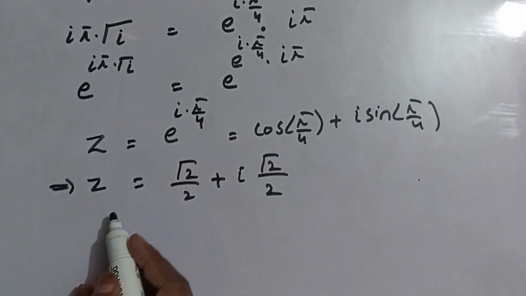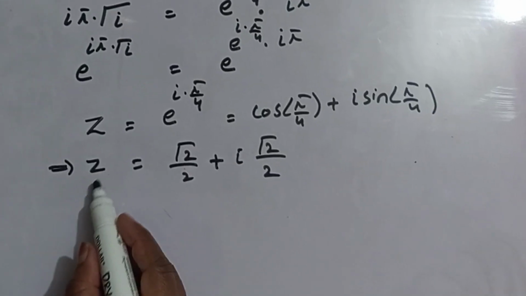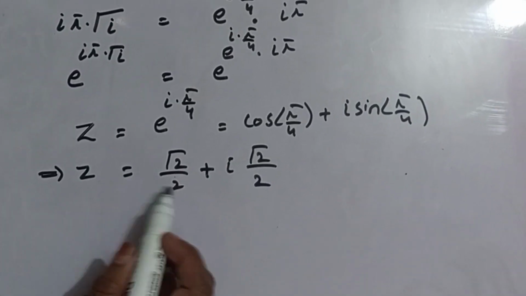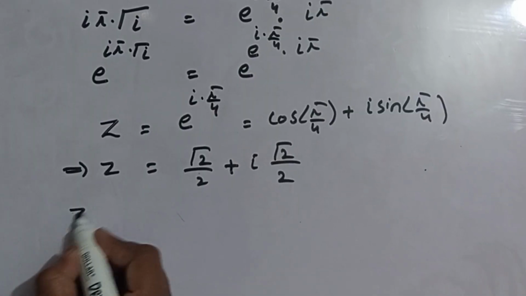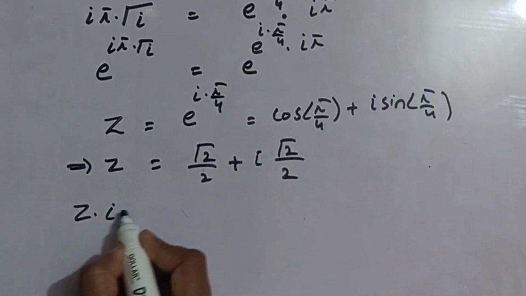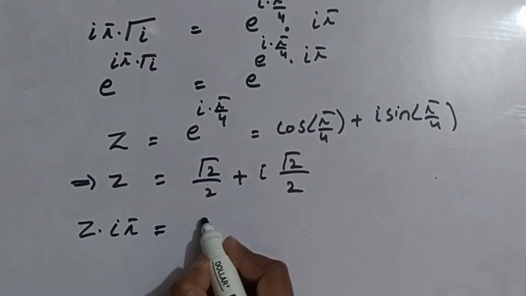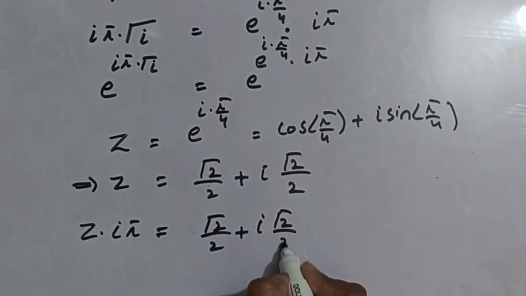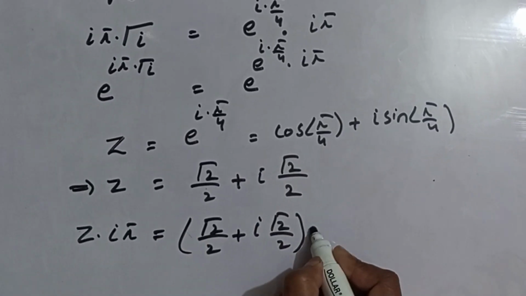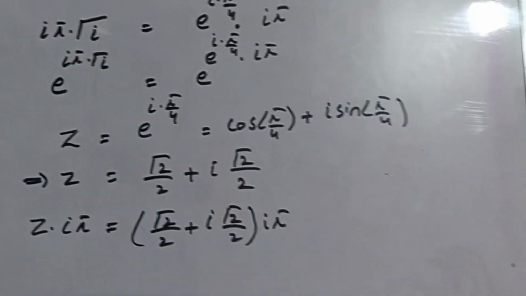In the next step, we multiply this equation by iota times pi on both sides. So z multiplied by iota pi, and also multiply the right hand side by iota pi.